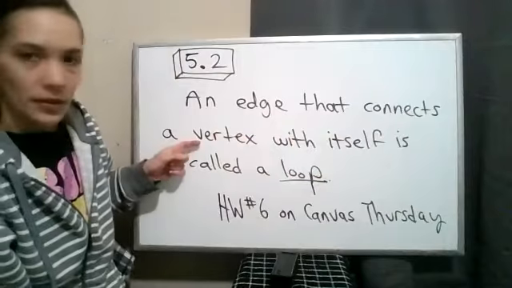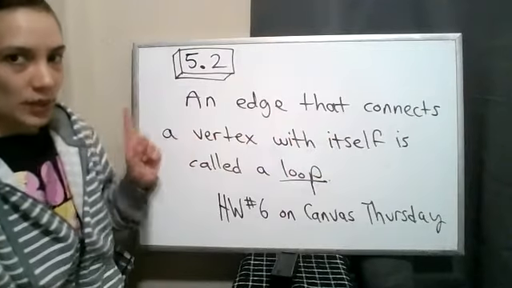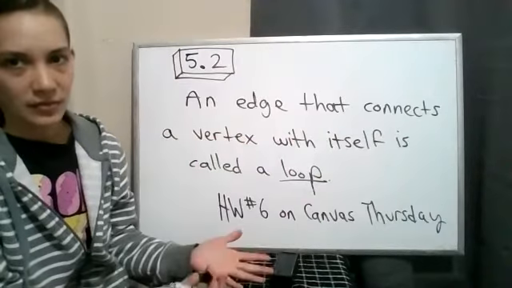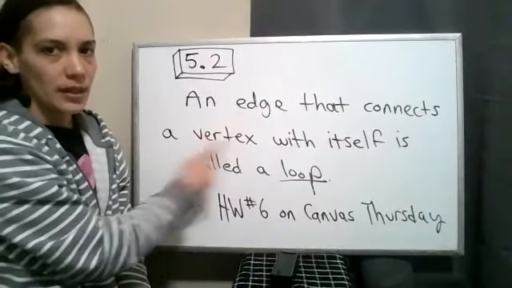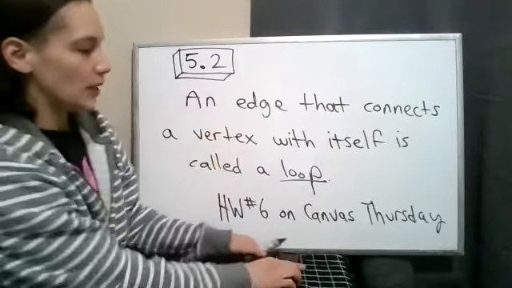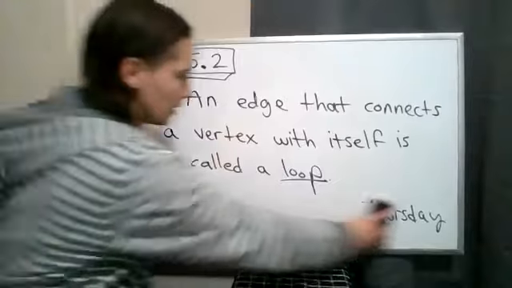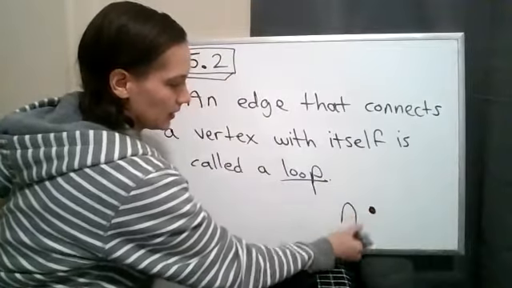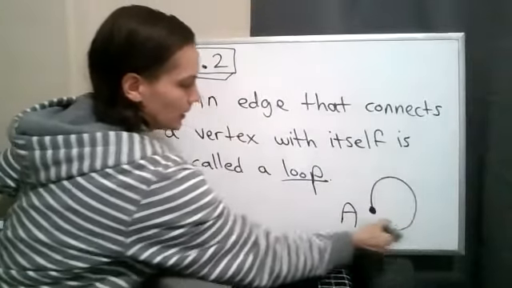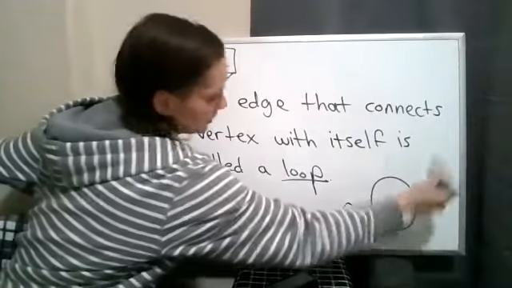Remember that a vertex is one dot, and vertices are a couple of dots. An edge is the line that goes from one dot to another dot. So if you go from, let's call this dot A, and loop back to A, that's a loop.